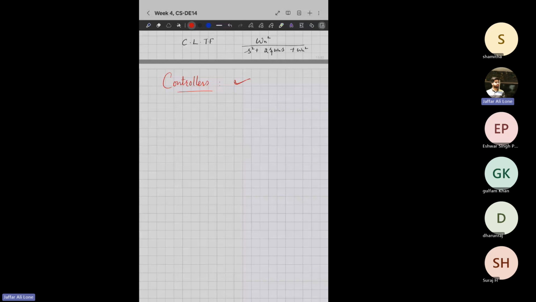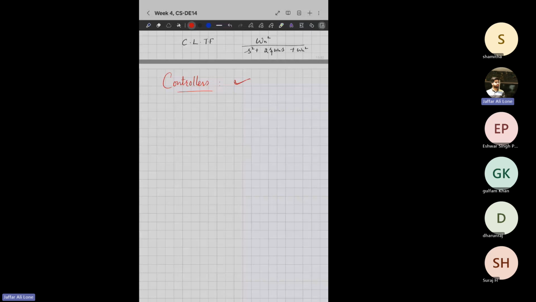You're given a system with this rise time, this peak time, and this overshoot. Design a controller so that rise time is decreased, or overshoot is decreased, or rise time is increased, something similar to this.